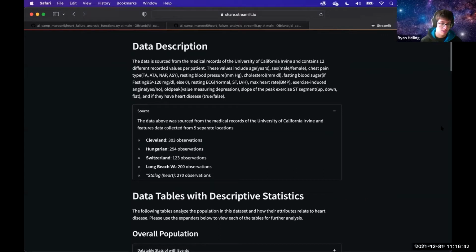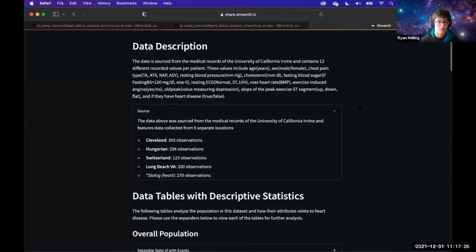These values include age in years, sex as male or female, chest pain type as TA, ATA, NAP, or ASY, resting blood pressure in millimeters of mercury, cholesterol in milligrams per deciliter, fasting blood sugar, as long as it's above 120 milligrams per deciliter, otherwise it's 0, resting ECG, normal, ST or LVH, max heart rate in beats per minute, exercise-induced angina, yes or no, oldpeak, a value measured from the ST depression, and slope of the peak exercise ST segment, either up, down, or flat, and if they have heart disease, true or false.